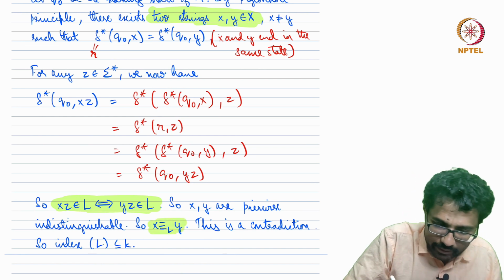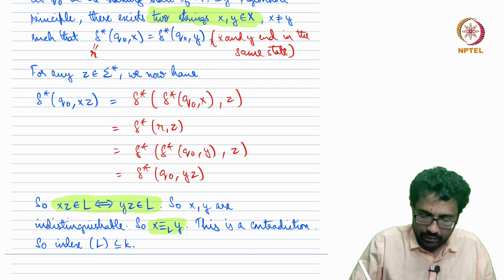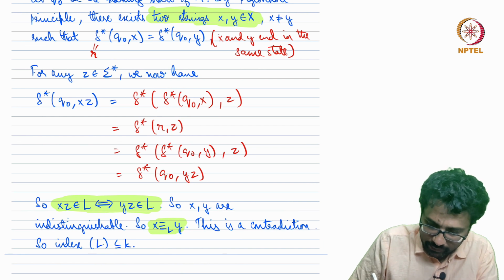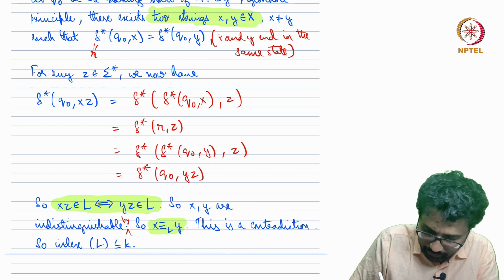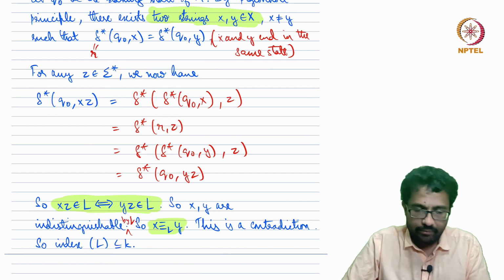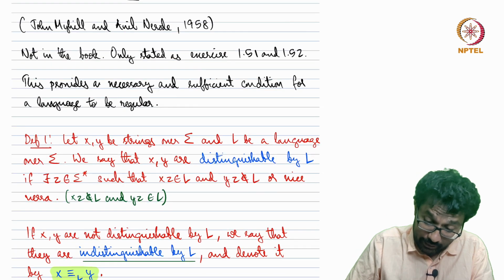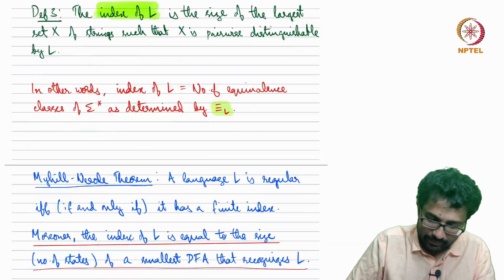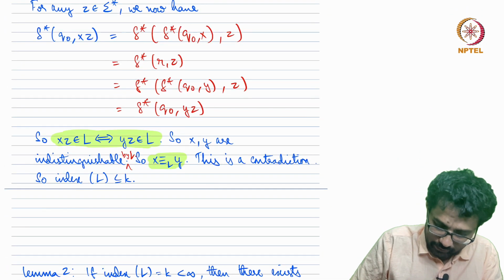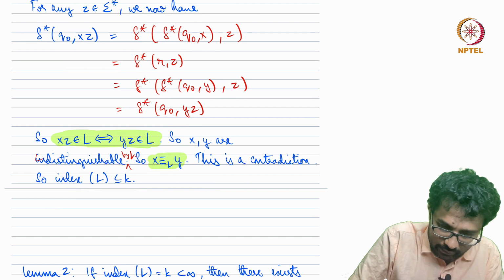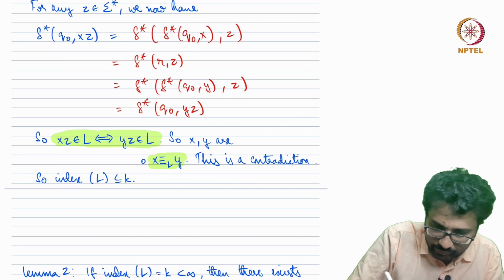This means x and y are not pairwise distinguishable, that's an error. So x and y are indistinguishable by L, I should say, right? That's what the definition was. I'm sorry, let me erase it and write.